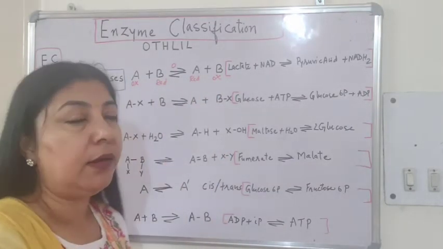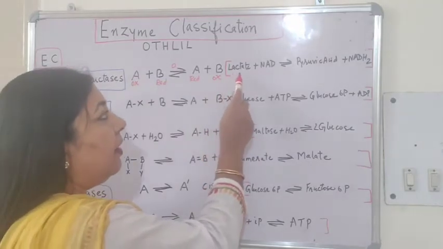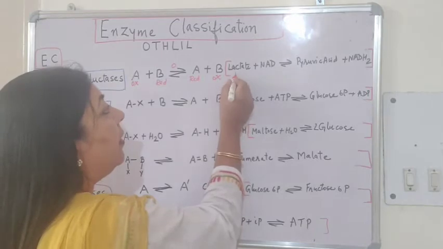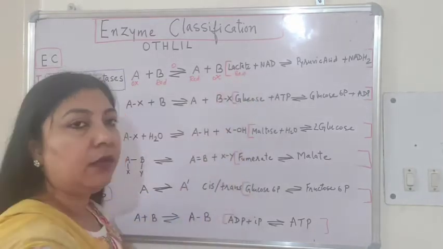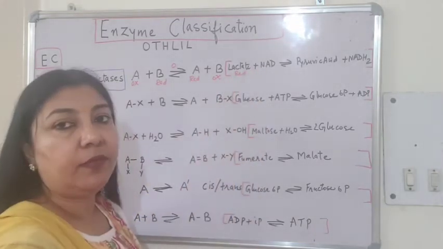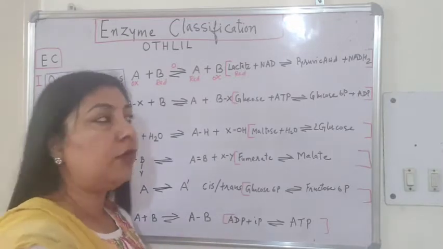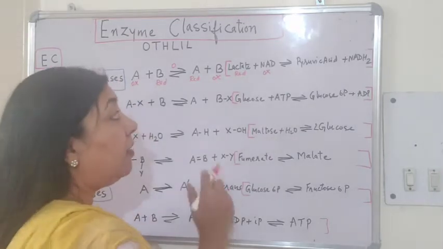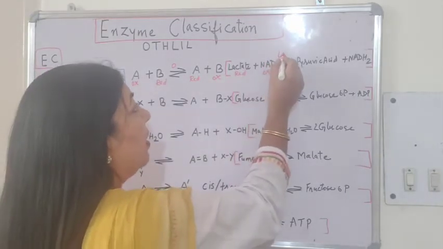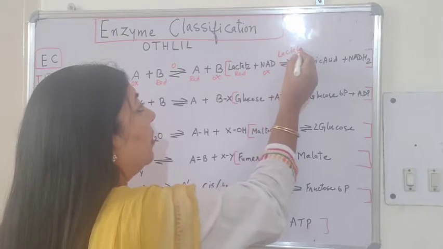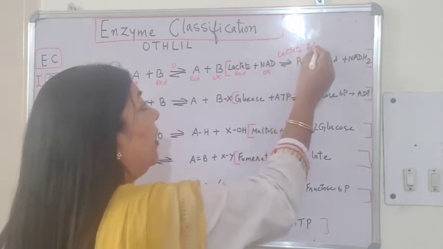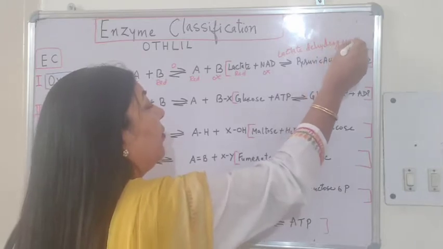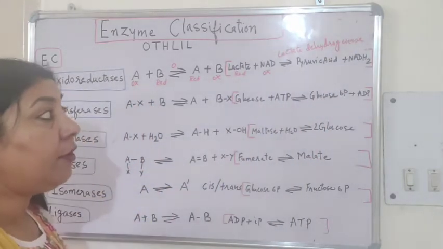Let's take some example. Here, lactic acid, that is lactate, is in reduced state, whereas NAD, nicotinamide adenine dinucleotide, is in oxidized state. In presence of the enzyme lactate dehydrogenase, whose nomenclature we studied, what will it do?